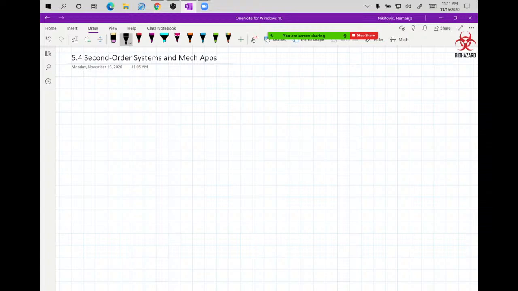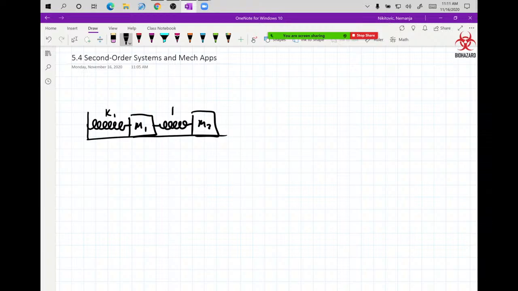Now, if I just draw a two mass system, so mass 1 and mass 2, and I connect them like this and put K1 and K2, for this particular system we immediately know that the first one with the displacement, let's say x1, and the second one with the displacement x2, will depend on the way that they are connected.